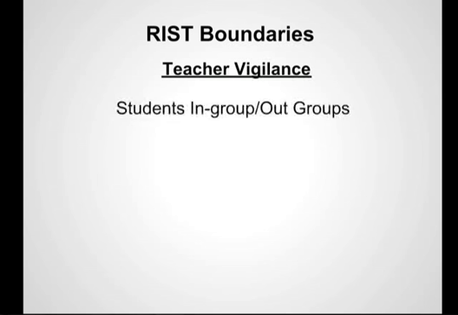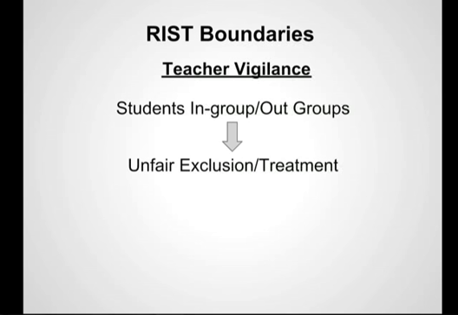So what about these boundaries and our students here, and how as teachers we should think about these? Well, we have to remain vigilant, especially when dealing with in-groups and out-groups. Students will form in-groups and out-groups, and these can often create unfair exclusion and treatment between the people that are in the group and those who are outside the group.